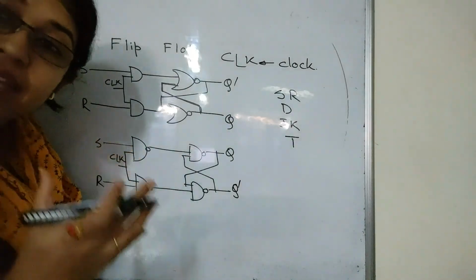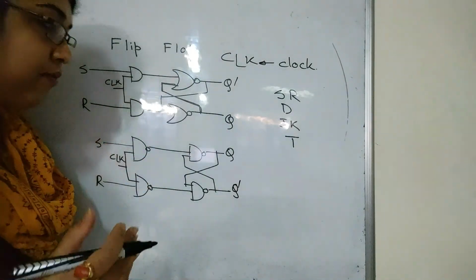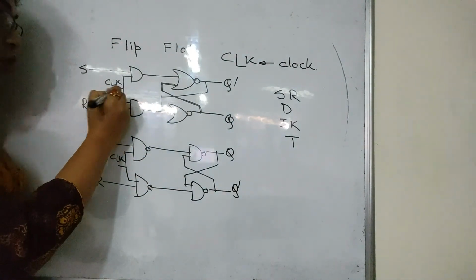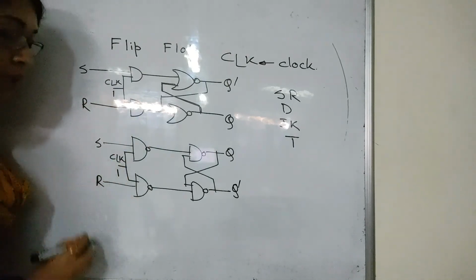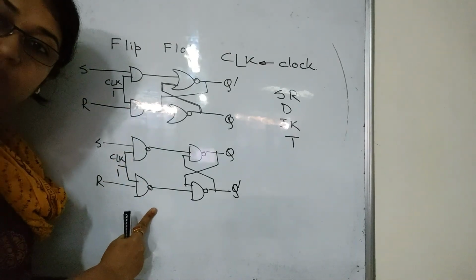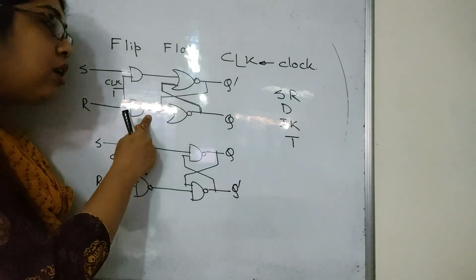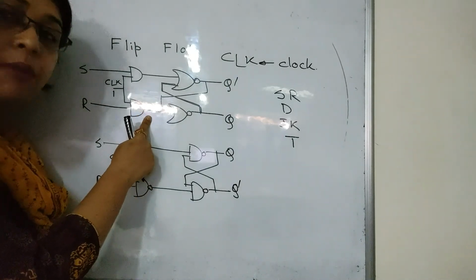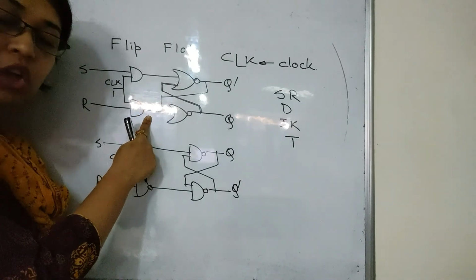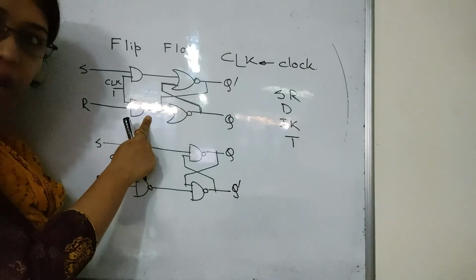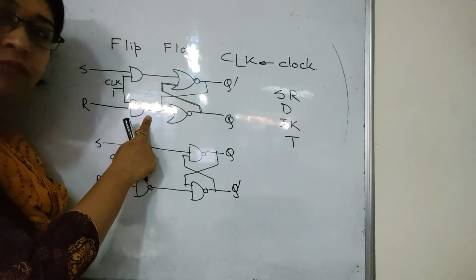So to keep the flip-flop active, we have to give the value of clock as 1, in the NAND gate flip-flop as well as in the NOR gate flip-flop.